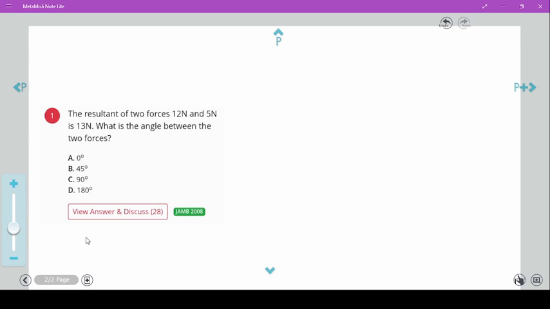So they said the resultant of two forces. Solution. I'm saying two vectors. If these two vectors are acting at an angle to each other, one has to be longer than the other, because one is 12 Newton and the other is 5 Newton.